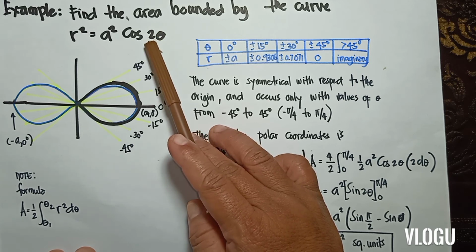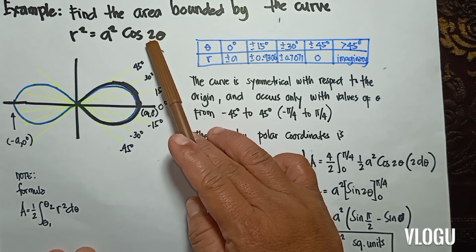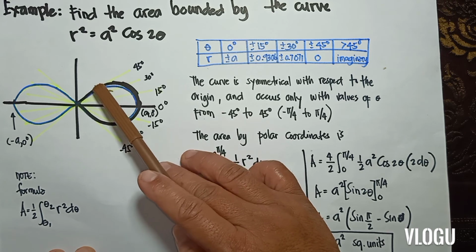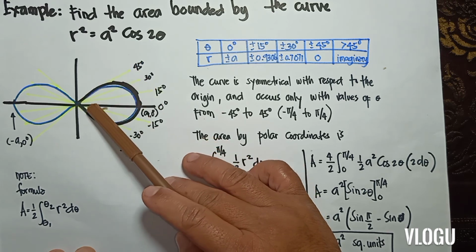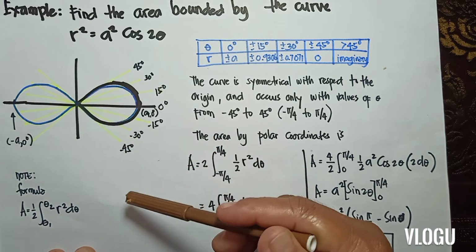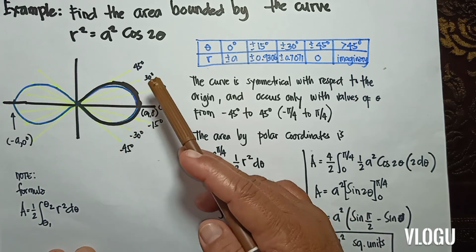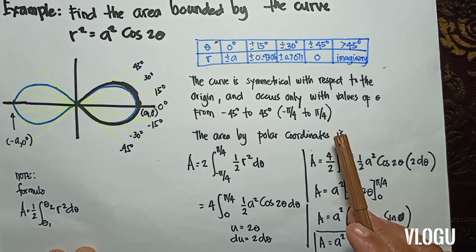But then this is 2 theta, so therefore you will have a hint. What is your hint? That is 90 divided by 2, so you will have 45 degrees. So your point of interest here is 45 degrees, so negative 45 degrees to positive 45 degrees.